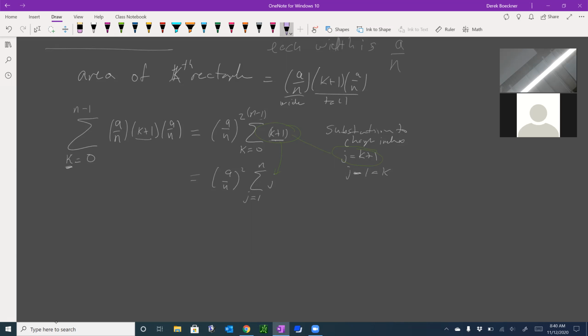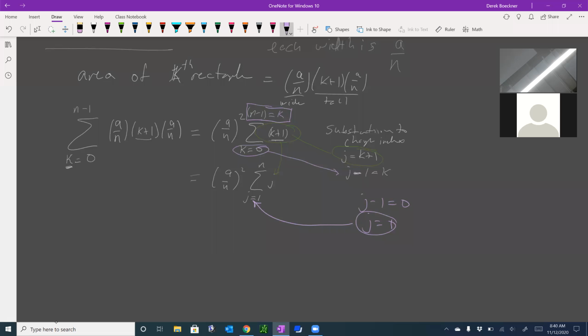Let's go purple, because this substitution, I'm going to use this. I'm going to get j minus 1 equals 0, which tells me j equals 1. And that's going to go down there. Up here, what this says is I want to stop when k is equal to n minus 1, right?